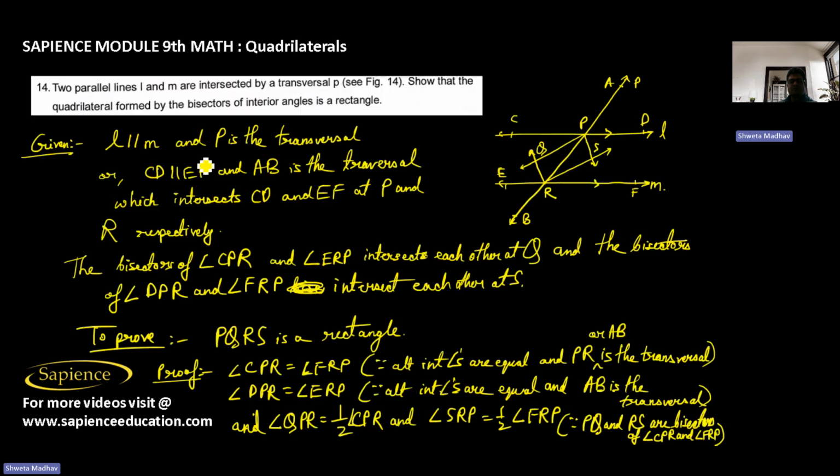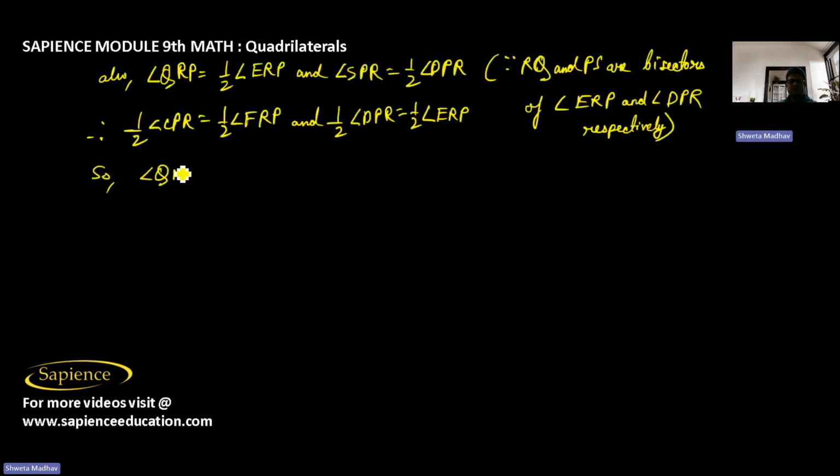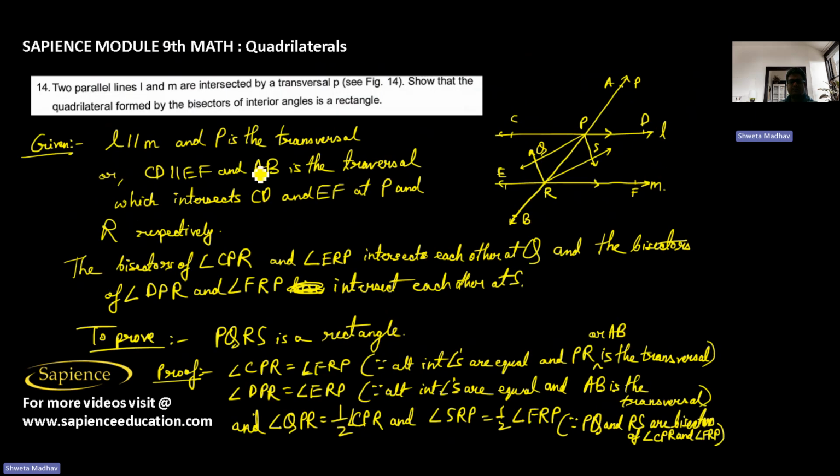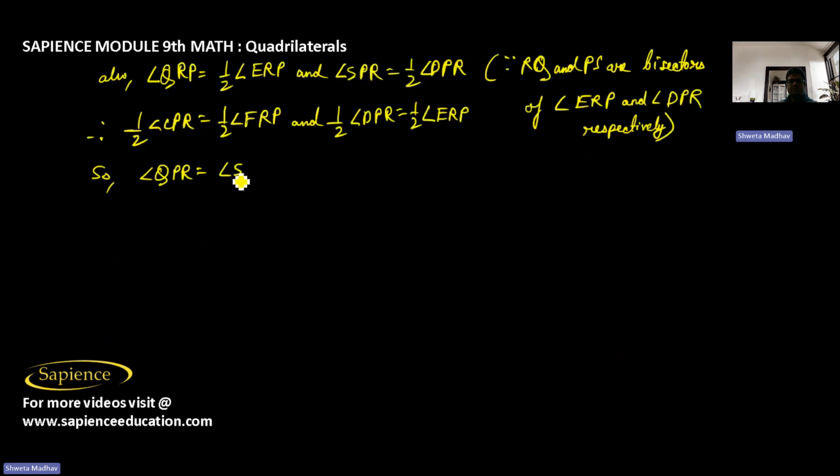So half of angle CPR, which is angle QPR, is equal to half of angle FRP, which is angle SRP. And similarly, half of angle DPR, which is angle SPR, is equal to half of angle ERP, which is angle QRP.